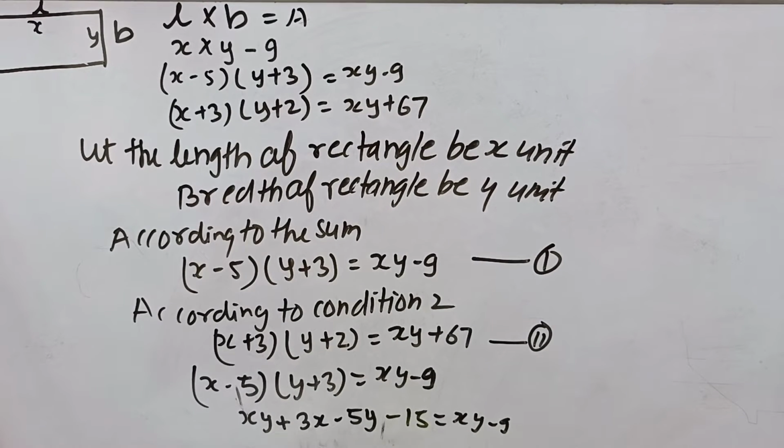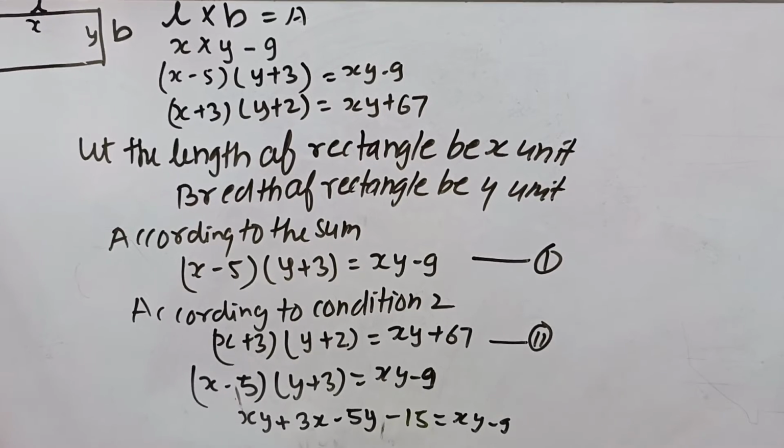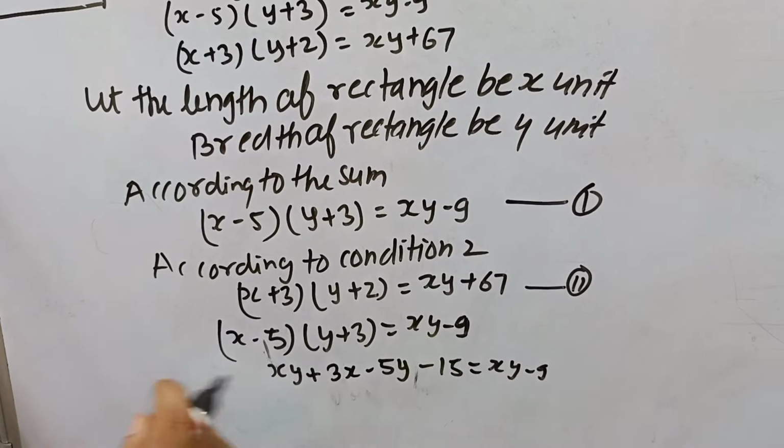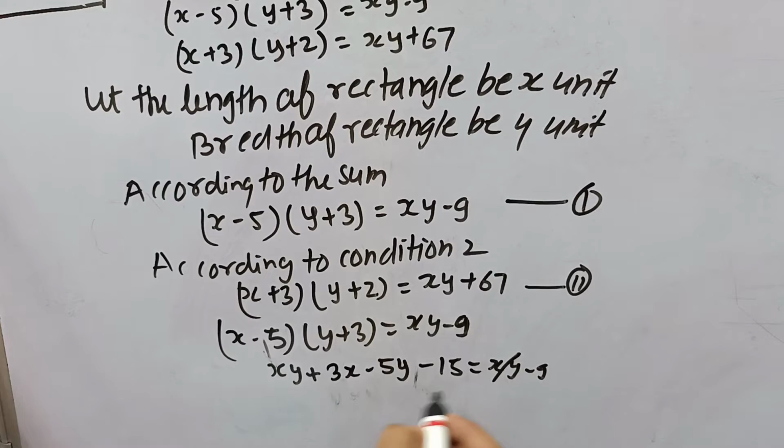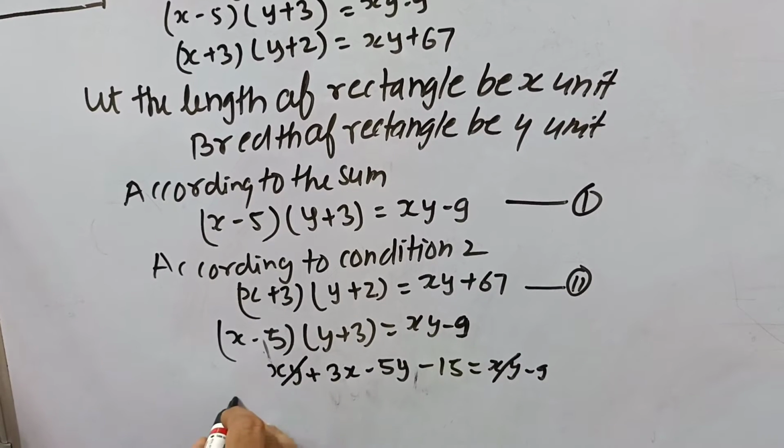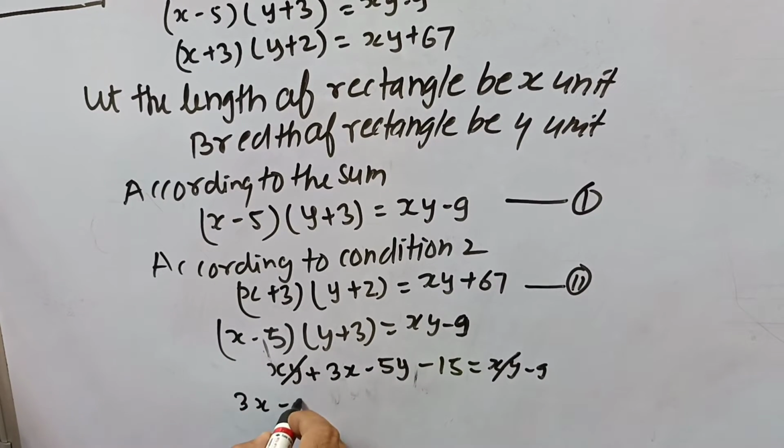First write down this much, then I will go ahead. Now see here, xy gets cancelled, so it becomes 3x minus 5y minus 15 is equal to minus 9.